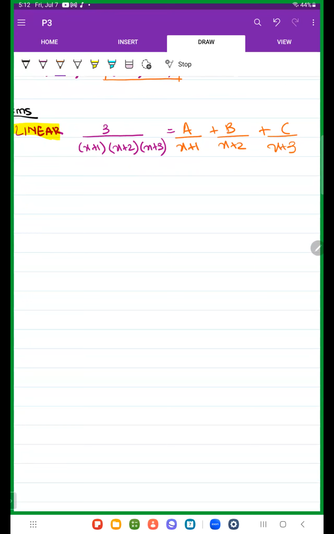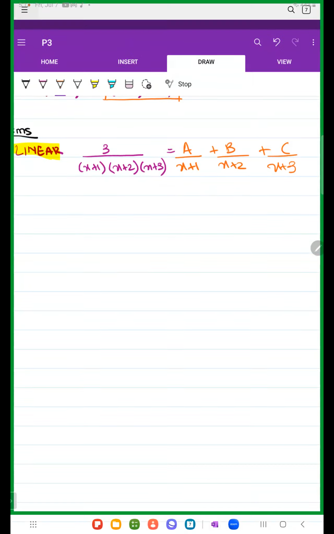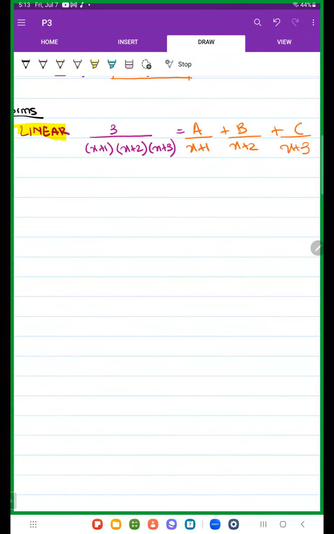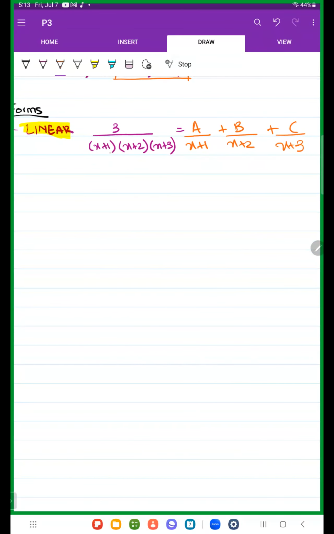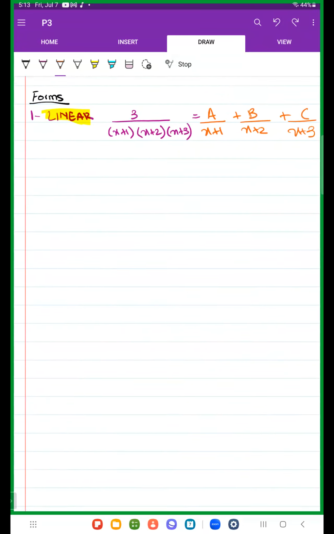I'm just breaking up the fraction by each factor, each linear bracket they've given me. If there were more brackets, I would have done D, E, F, G, no matter how many brackets there are.